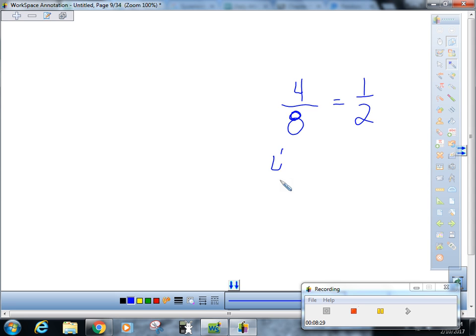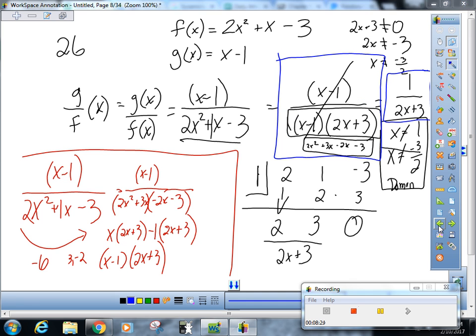Well, what if you had 4 over 4 times 2? Still 1/2. So when you do that, what you're actually doing is saying 4 divided by 4 equals what? 1. So you get 1 over 1 times 2. But no one really ever showed you that, and that's why you asked that good question. Does that make sense now?